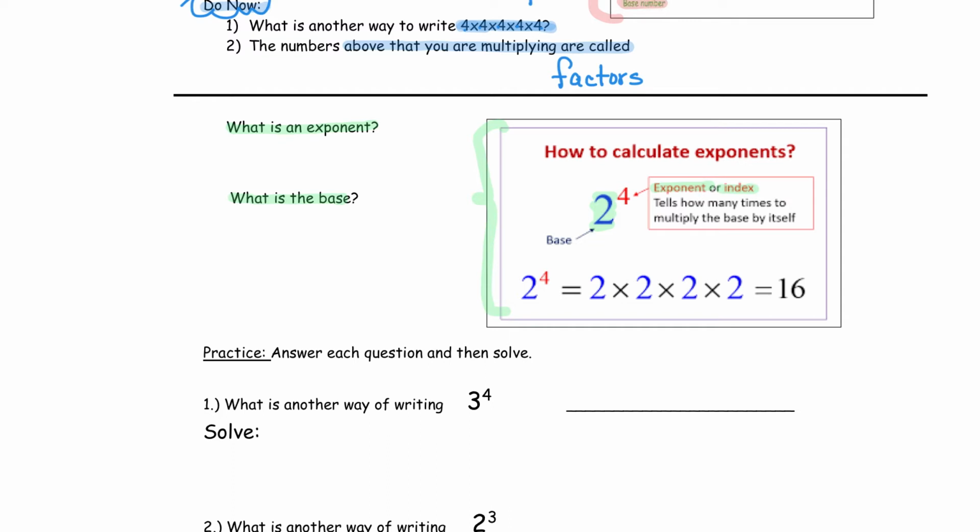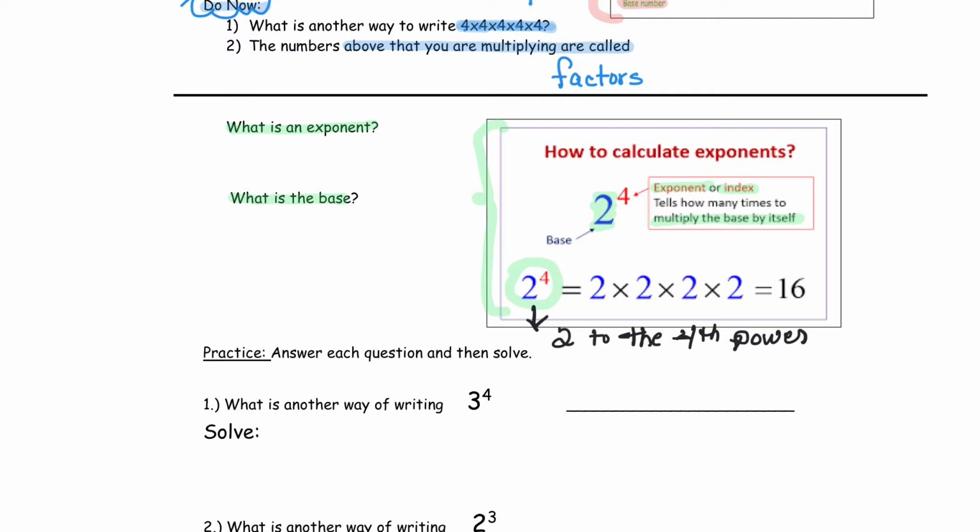And it tells us how many times to multiply the base by itself. For example, when we see this problem here, we would read this as 2 to the 4th power, or we could say 2 to the power of 4.